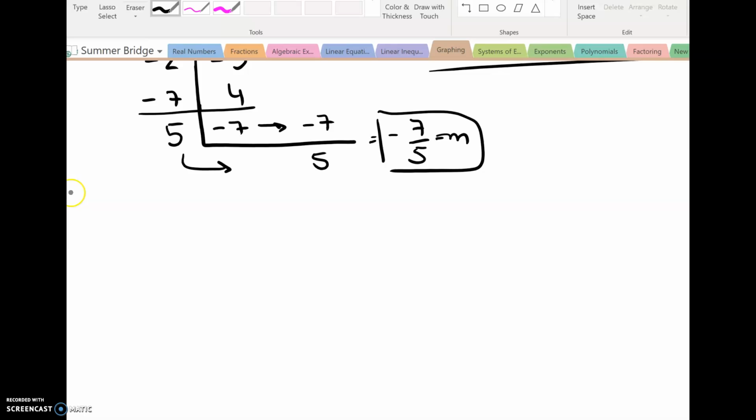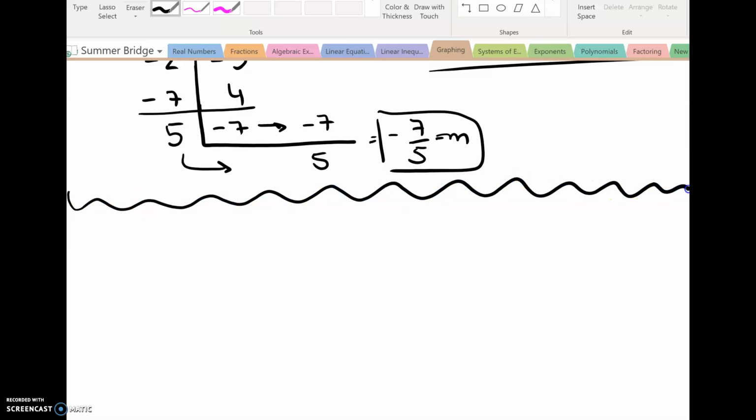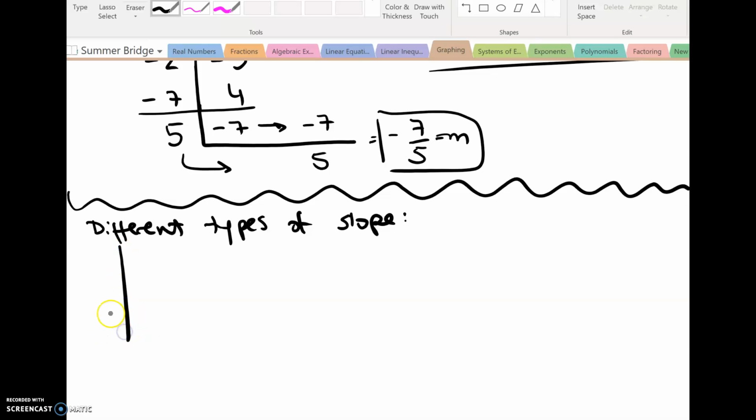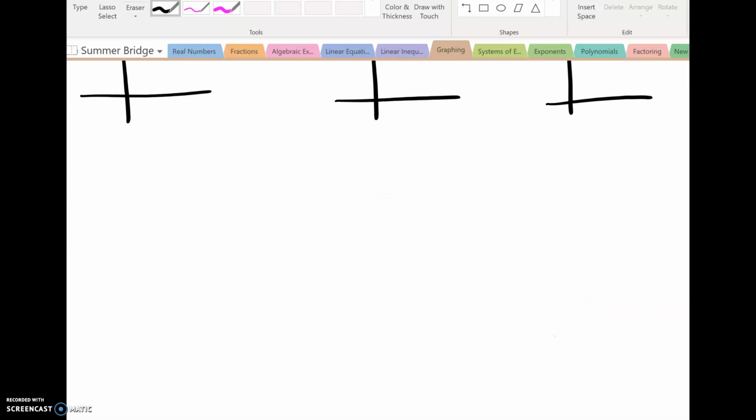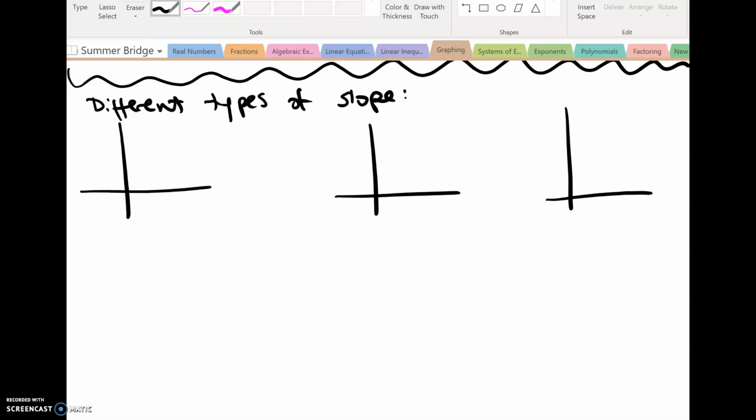The last thing that I want to talk about is the different kinds of slope. So I have 4 different kinds, I should say. All right, so type 1 is having something like this.